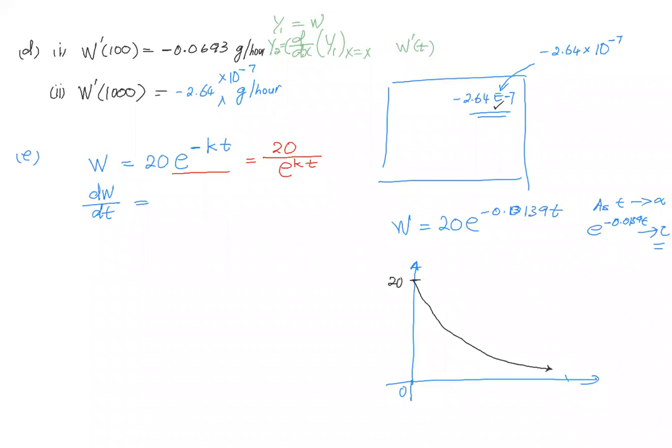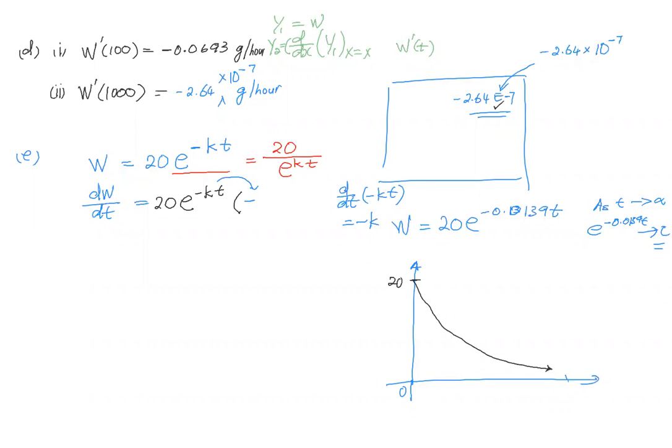So I'm going to repeat again. When we differentiate an exponential term, we copy down the whole thing, then we multiply by the derivative of the power. So d over dt of negative kt is negative k.